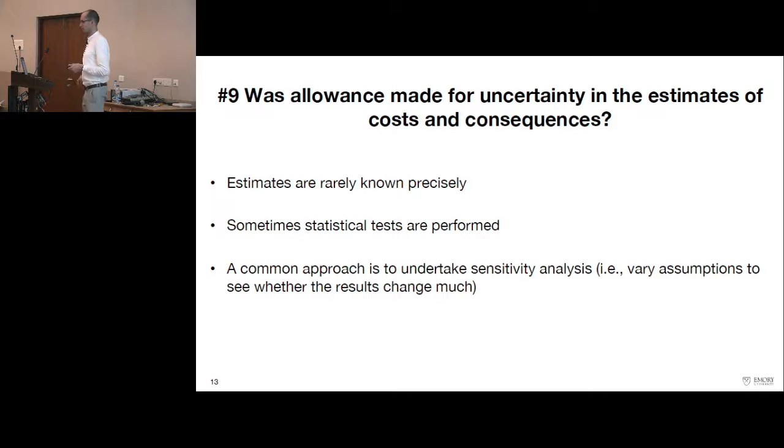Number 9, was allowance made for uncertainty in the estimates of costs and consequences? That's what we just talked about earlier today. Almost no parameters are ever certain.